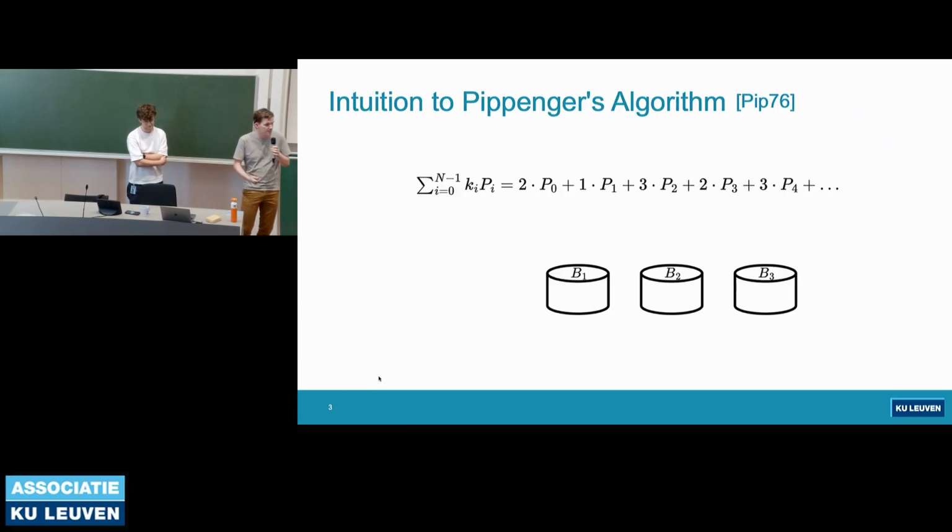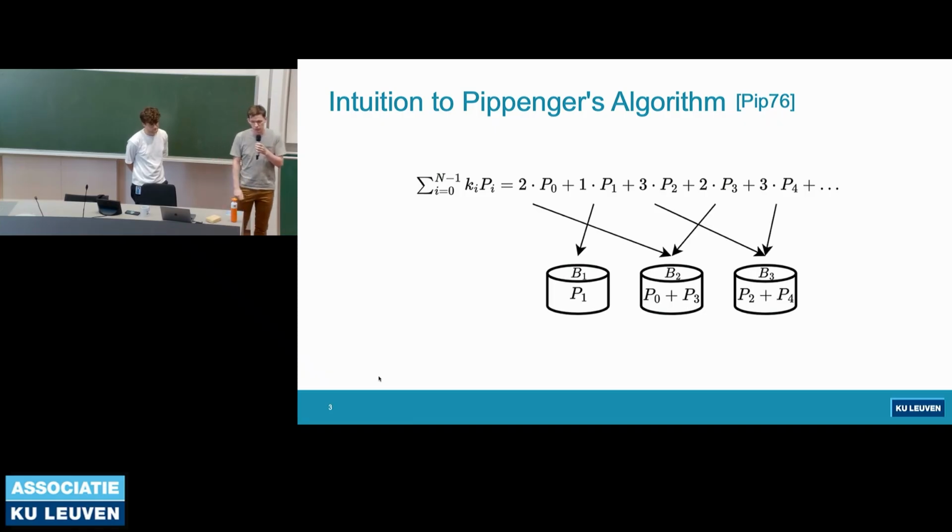The MSM is typically computed using Pippenger's algorithm, so we will first give some intuition for what this algorithm does. Pippenger found that instead of first multiplying every point by the corresponding scalar, it is advantageous to first accumulate all of the points that have to be multiplied with the same scalar, and only then do the multiplication by the scalar.